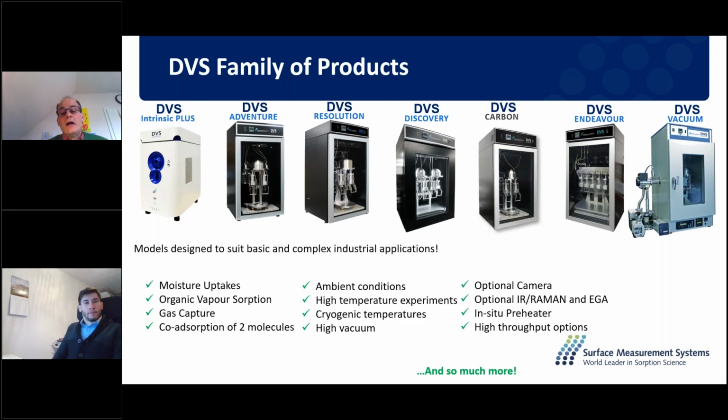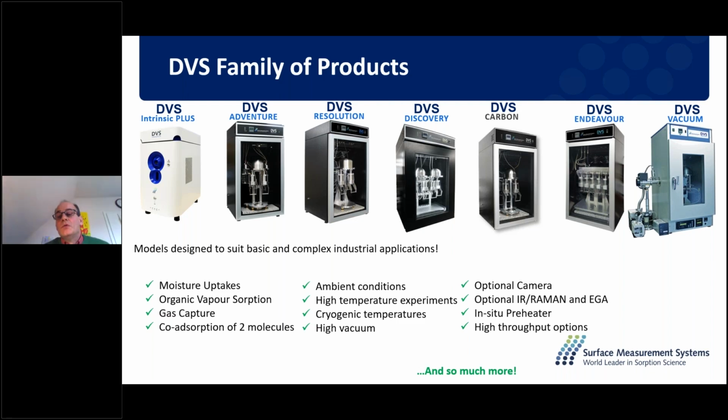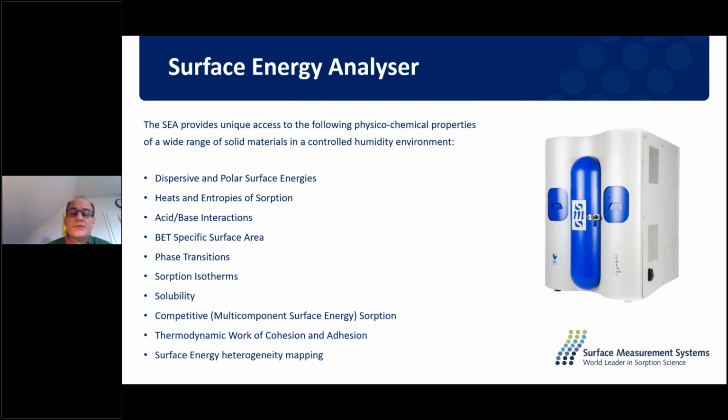You can also add analysis such as a video camera, like a small video microscope, or you can measure a Raman spectrum during the sorption process to see structure changes. So that is for dynamic vapor sorption, gravimetric dynamic vapor sorption.